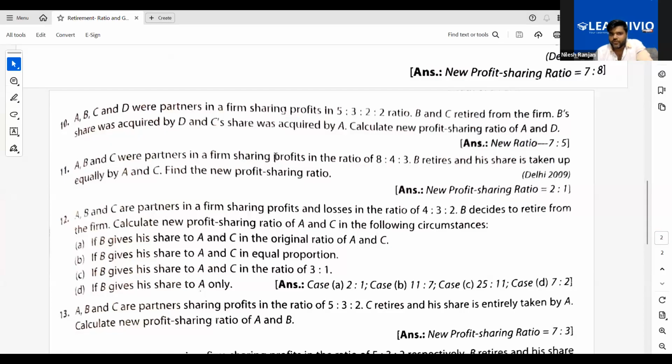A, B, C were partners in a firm sharing profit in the ratio of 8:4:3.